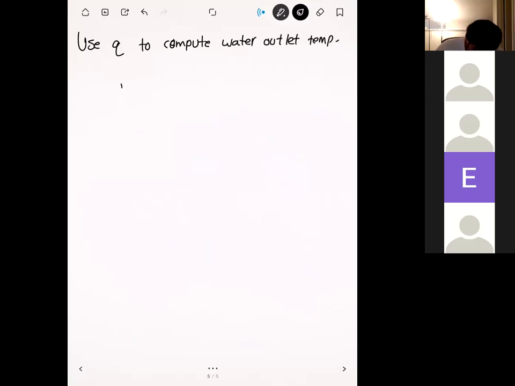We can set up a similar expression for the water, right? And so the Q is also going to be m dot water times Cp water times T water O minus T water I.